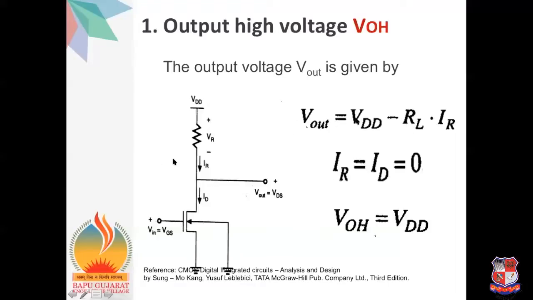So Vout equals VDD minus RL times IR. But here the N-channel MOSFET is in the cutoff mode, so IR equals ID equals 0. Putting this value into the above equation gives Vout equal to VDD. That is, Vout is VOH, the output high voltage, whenever it is in the cutoff mode. So the value of VOH is equal to VDD.